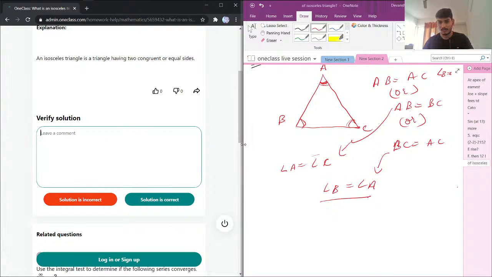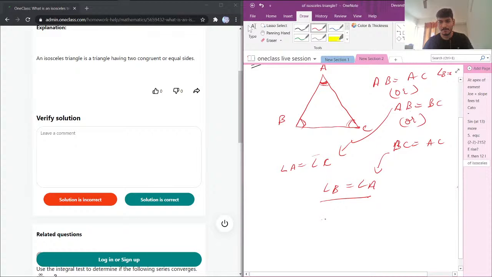So I can also give an example. Let's say this is a right angle triangle. This is 90 degrees, then the sum of angles is 180. So this will be 45 and this will be 45.